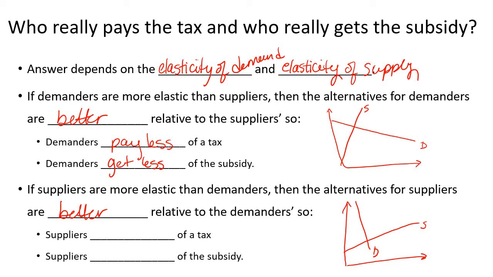And since the supply is flat, if a tax comes in the market, they can just start producing in a different market if the tax is too high. So they pay less. But they also get less of a subsidy. In the next slide, we'll draw through some more specific pictures so you can get a better idea of what's going on.